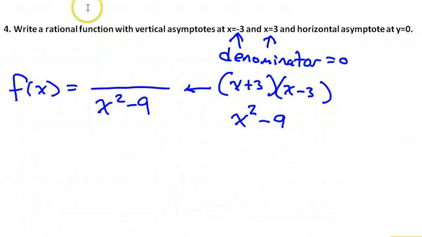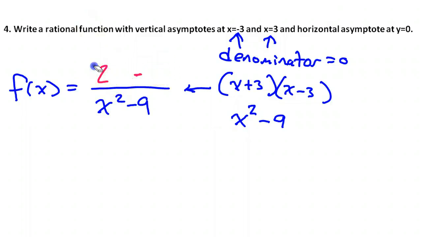So I just need the numerator degree to be less. So there are any number of answers you could come up with here. You could let the degree be 1, because obviously the degree down here is 2. So if you put an x up here, or 2x plus 5, or anything with a degree of 1, that would work. Or you could go with a degree of 0.